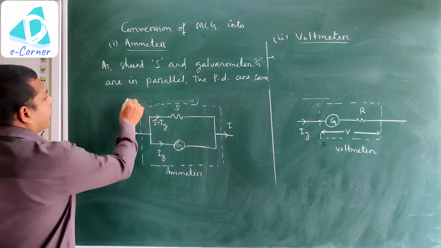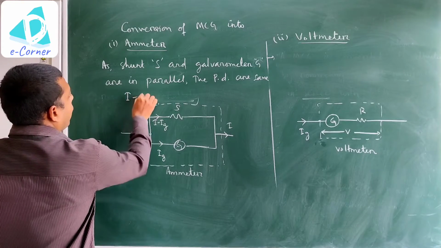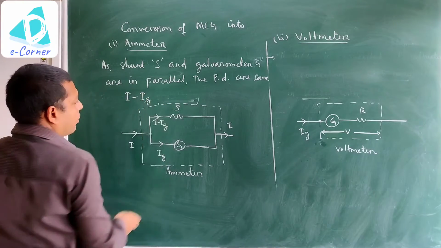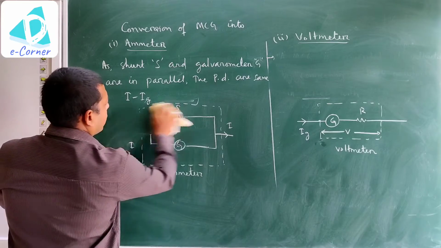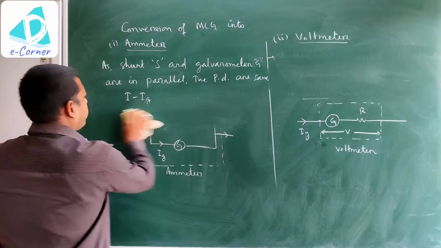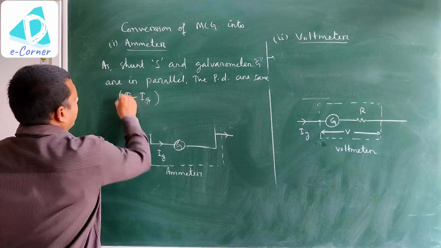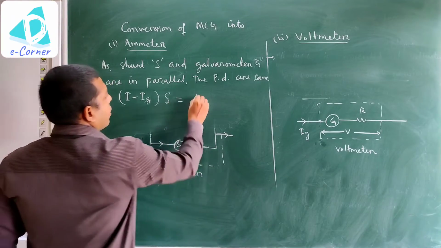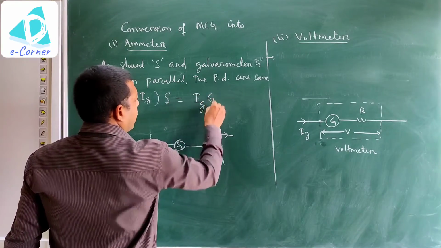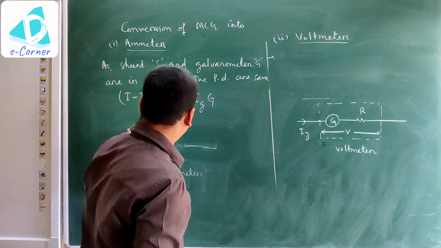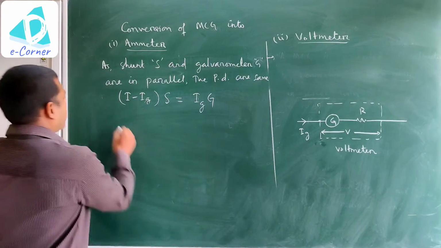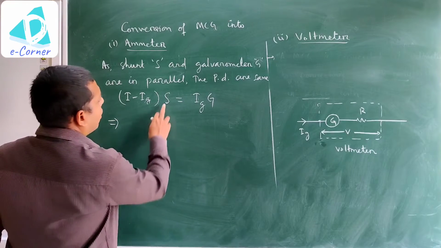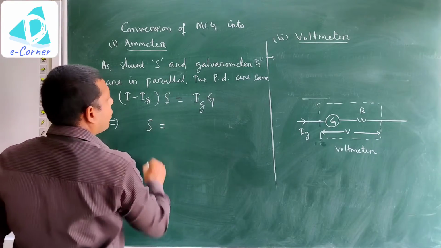So we have to write I minus Ig. I am writing this: (I minus Ig) into S is equal to Ig into G. That implies now I can calculate S. What is the value of S?